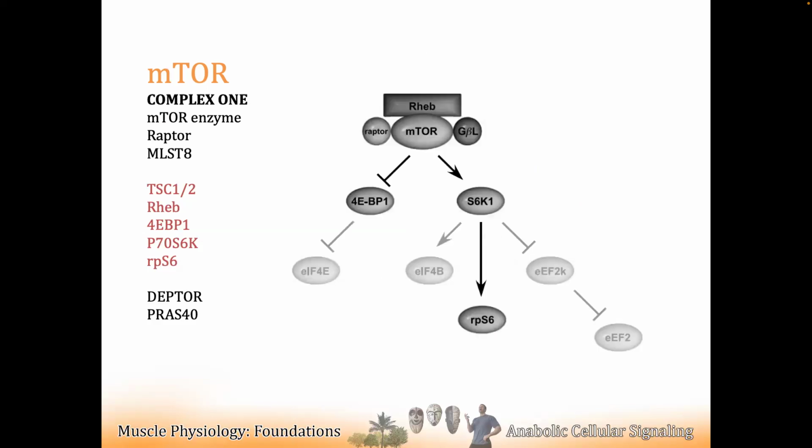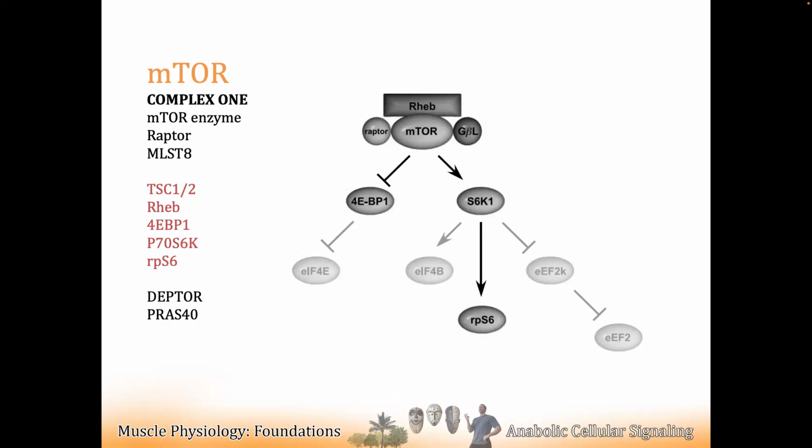Okay, this one isn't quite as clean as that last diagram made it seem. But remember that mTOR is part of a complex with Raptor and Gable, or MLST8. And the direct downstream targets of mTOR are 4EBP1 and P70S6K. Those have tasks of their own, right? When it's inactive, P70S6K is bound to EIF3.